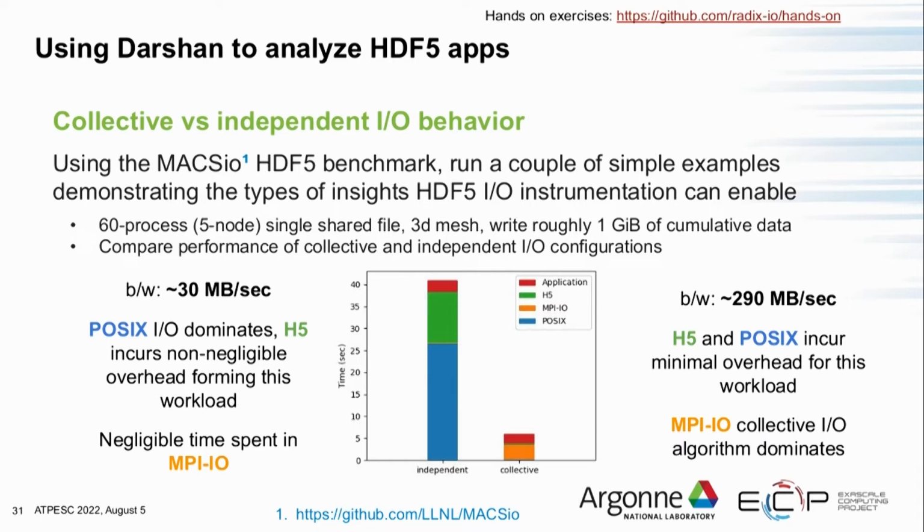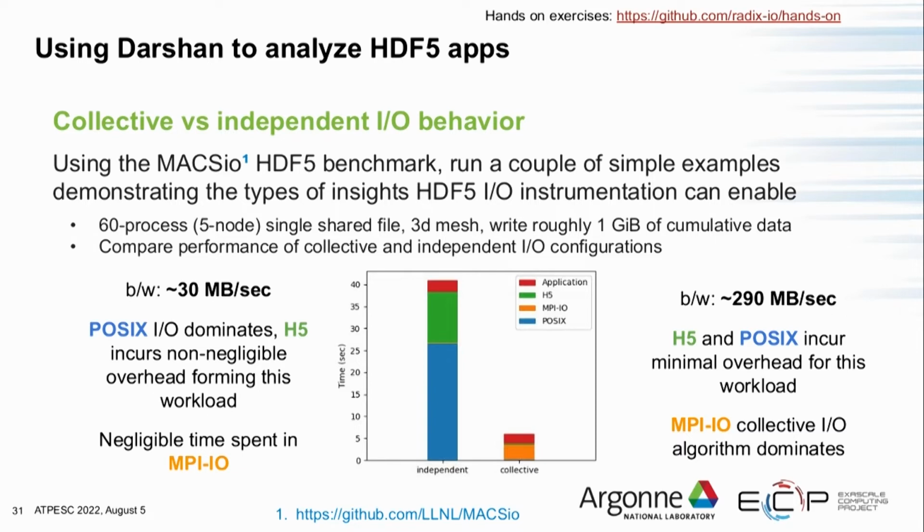It's basically writing a 3D mesh, about a gigabyte of cumulative data. And what we're doing here is comparing performance of collective I/O and independent I/O configurations, which was configurable for Maxio. You can see how drastic of a performance disparity this has just for this particular example.